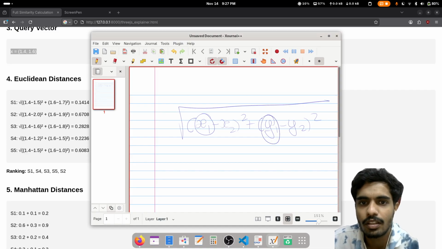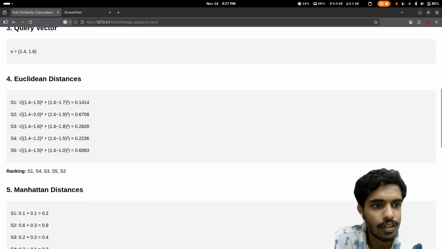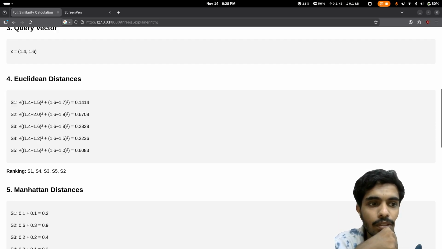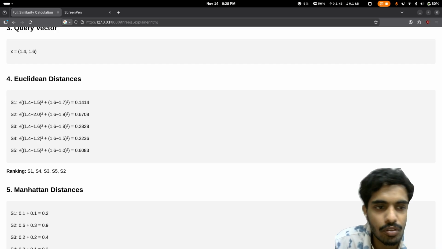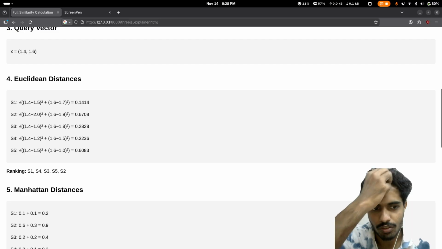If you plug in the data, like we have done here, 1.4 minus 1.5, the new vector data minus the old vector which is S1, and solve and take the root, we get approximately 1.1414. We do this for all of S1, S2, S3, S4, S5, and after ranking we have the order S1, S4, S3, S5 and S2.